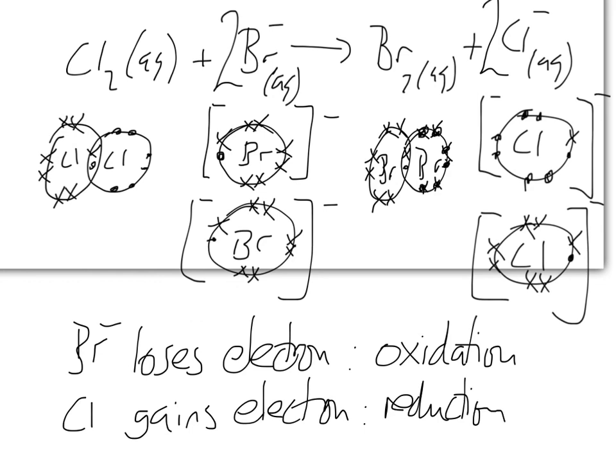And again, we can remember this using the phrase I used in the first video. Lose electron oxidation, gain electron reduction. And because oxidation and reduction are occurring at the same time, we call this reaction a redox reaction.